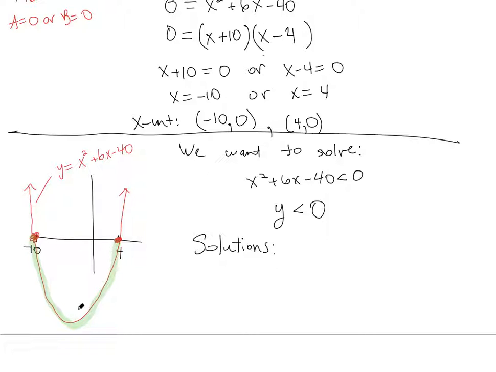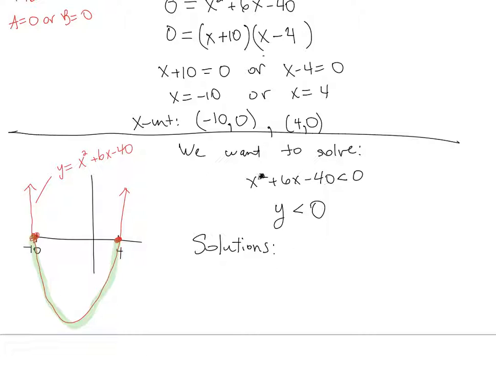For this part of the graph, that's where y is less than 0. On that part of the graph, y is x squared plus 6x minus 40. So for these parts of the graph, x squared plus 6x minus 40 is less than 0.